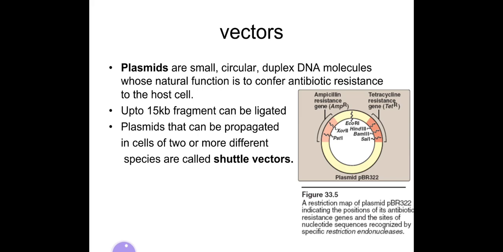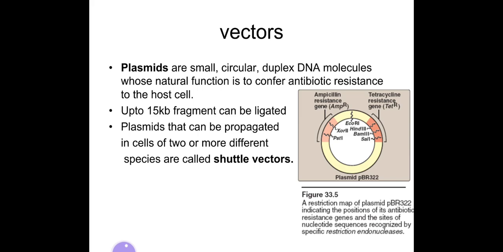The first type of vector which we are going to study is the plasmid. Plasmids are small circular duplex DNA molecules whose natural function is to confer antibiotic resistance to the host cell. They are naturally present in bacteria, and in the lab we isolate these plasmids from the bacteria.